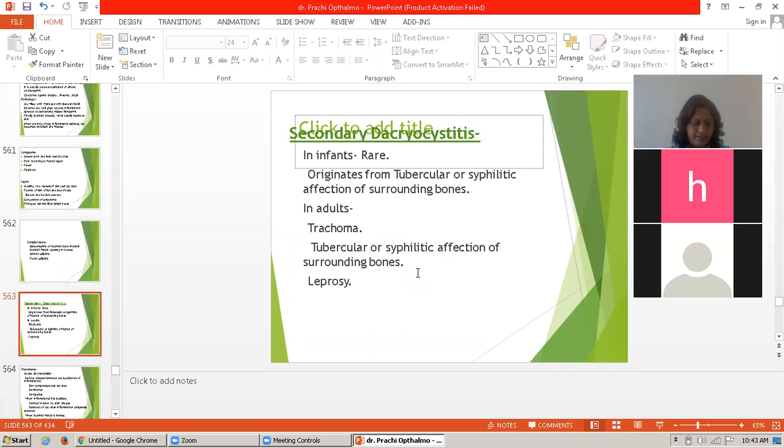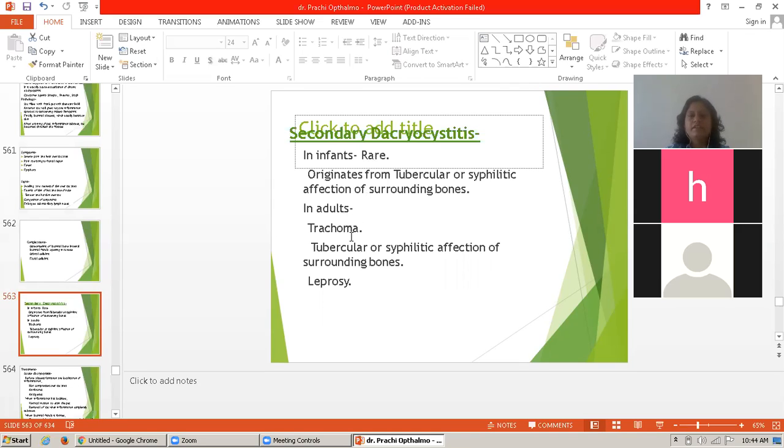Then secondary dacryocystitis. The secondary dacryocystitis is seen in infants. It is a very rare condition that is seen in infants and originates from tubercular or syphilitic affection of the surrounding bone.